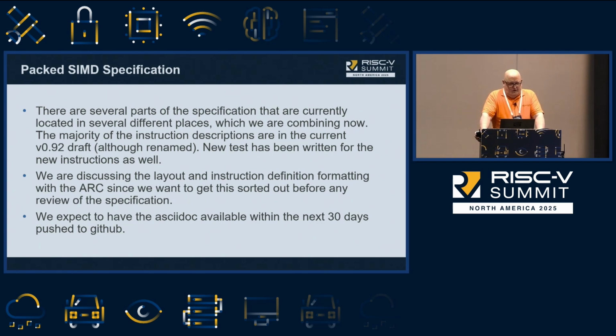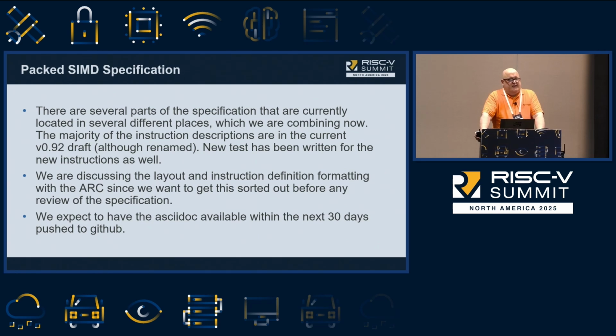And there's been work also done by John Hauser and the team to come up with the latest rounds of instructions and opcodes. And we started a discussion with the ARC a couple of weeks ago about how a complex and big ISA spec with hundreds of instructions should look and how it should be presented to people and what information is needed.